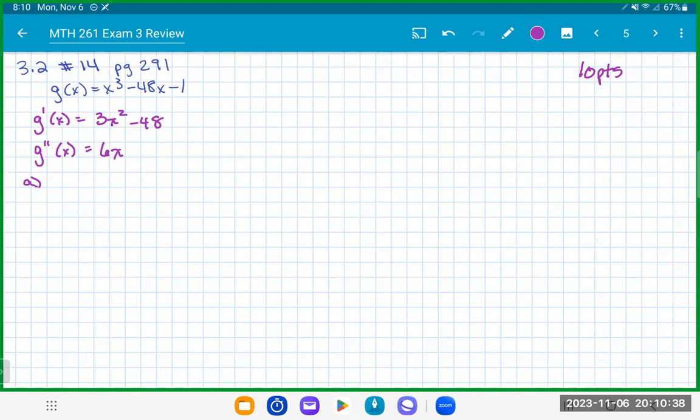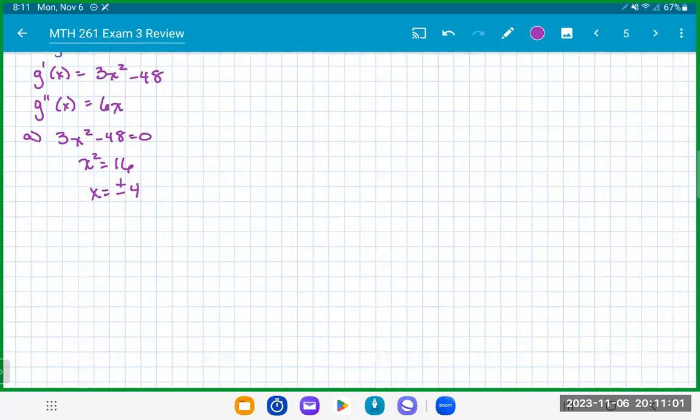So let's set our derivative 3x squared minus 48 equal to 0. Move the 48 to the other side, divide both sides by 3, and we get x squared is equal to 16. When I take the square root of that, I get that x is equal to plus or minus 4.